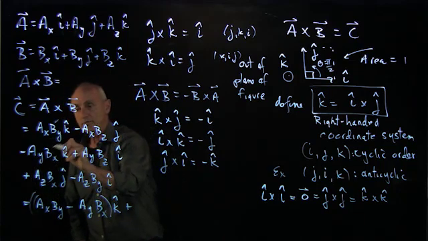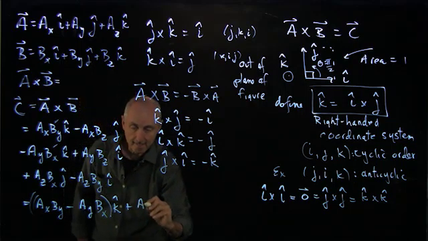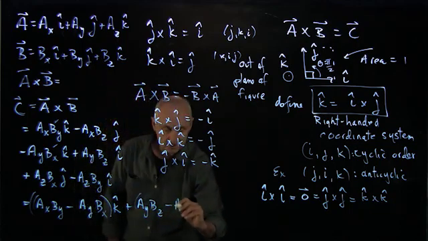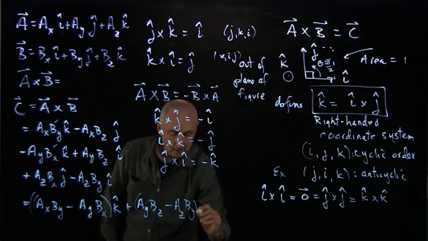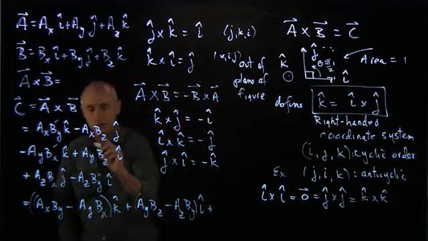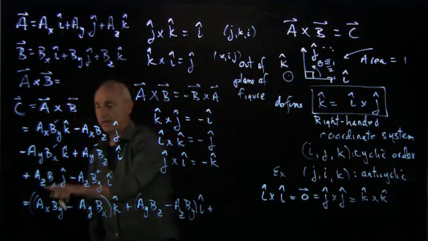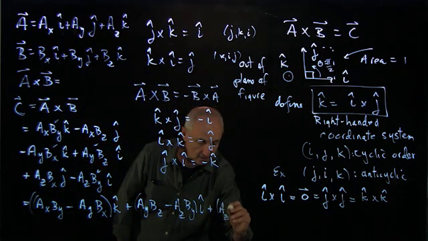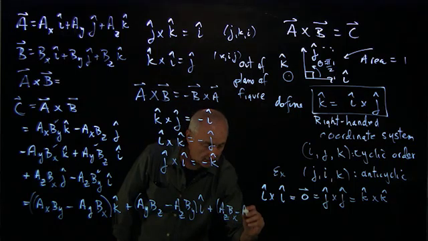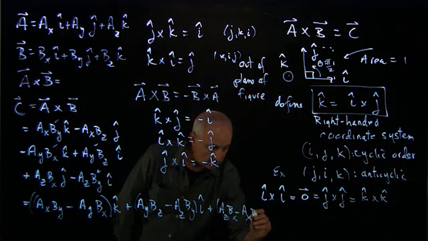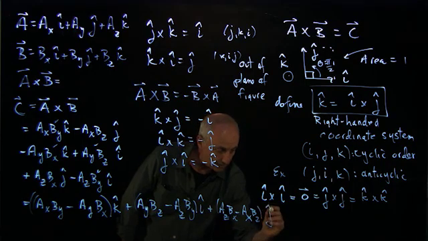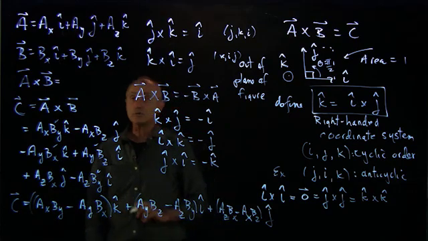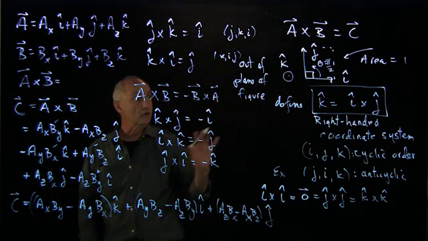We have ay bz minus az by, times i hat. And lastly, we have az bx minus ax bz, and that's j hat. And that's how we calculate the cross product in Cartesian coordinates.